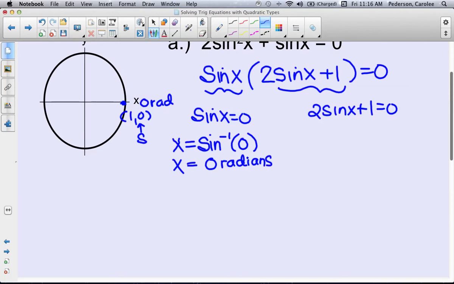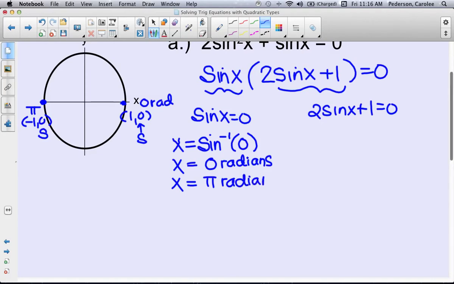Then if we continue around the circle, we have another angle over here of pi because it has the ordered pair -1, 0. That is also 0 being the sine, so we have an answer of x equaling pi radians.